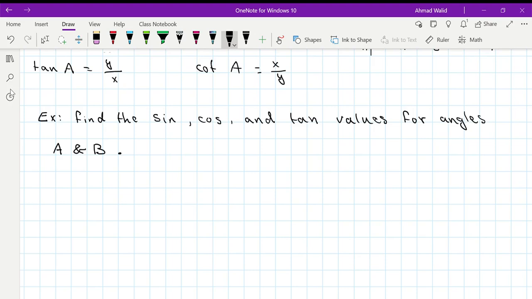B. They give you a diagram here, a right triangle, which is in this shape.